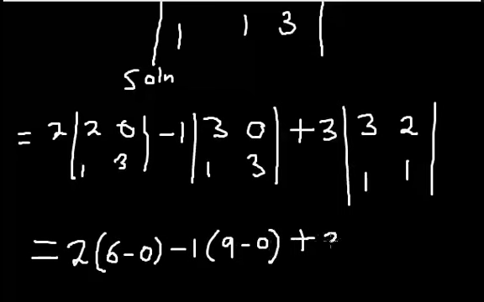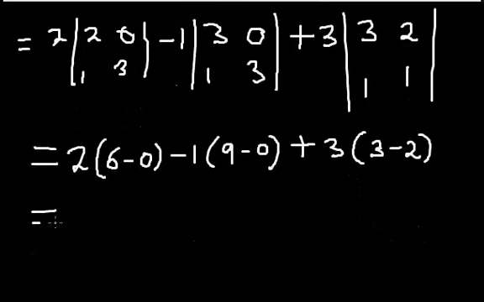Okay, here we go. 3, bracket open, 3 times 1 is 3, minus 1 times 2 is 2. Okay, so here comes my answer. This is 2 times 6 minus 0, which is 6. 2 times 6 is 12. Of course, 9 minus 0 is 9. Minus 1 times 9 will still give me minus 9.